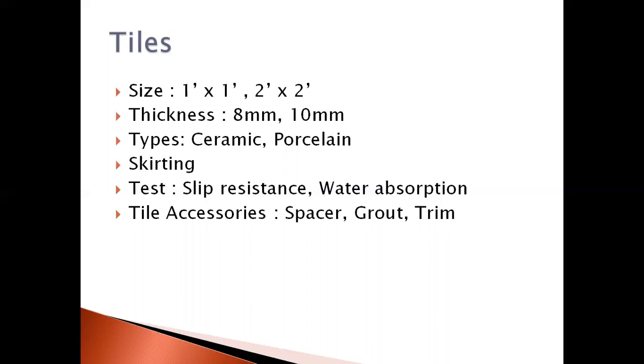The additional thing used for wall tile is tile adhesive, which will be like a paste. If you want to place the tile on the wall, we have to use tile adhesive. Other than that, we have other tile accessories: spacer, grout, and tile trim.